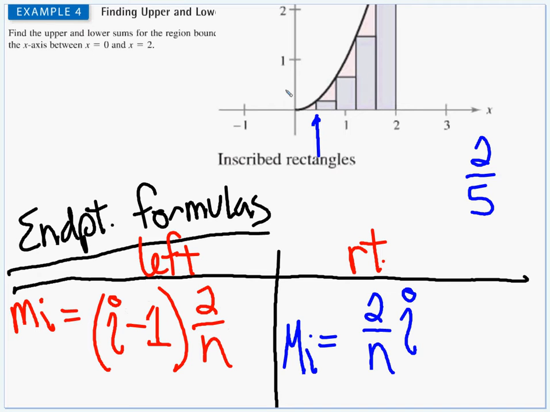And let's go back. To get to the left endpoint, here we want to get back to the origin. So if I plug in a 1 for that I for the first rectangle, 1 minus 1 is 0, times the delta x, we get back to 0. So here's our left and our right endpoints.